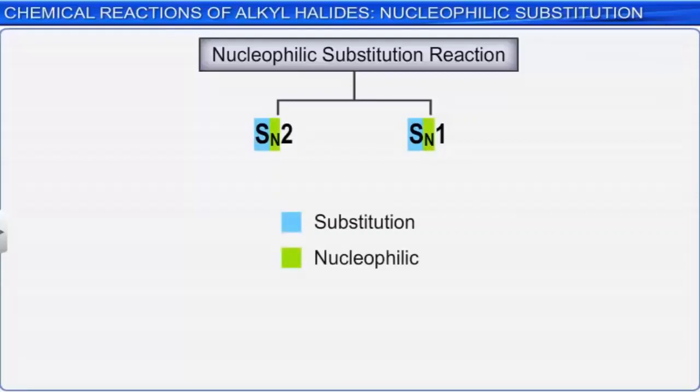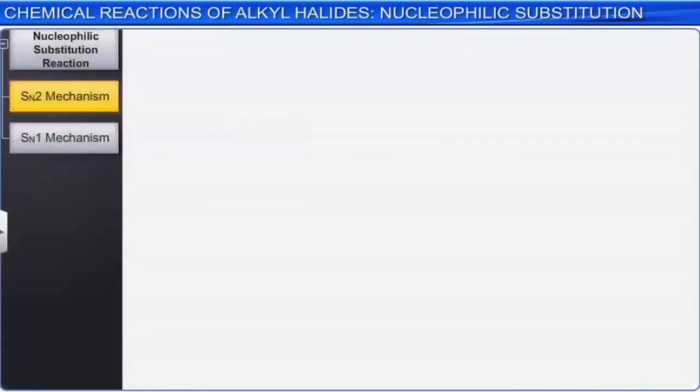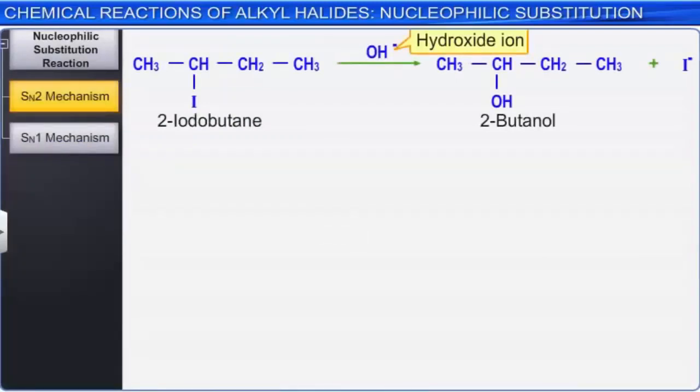Since these reactions are initiated by the nucleophile, the number gives information on the reaction kinetics, 2 for bimolecular and 1 for unimolecular. Let's start with the SN2 reaction. The reaction between 2-iodobutane and hydroxide ion to yield 2-butanol is an example of an SN2 reaction.